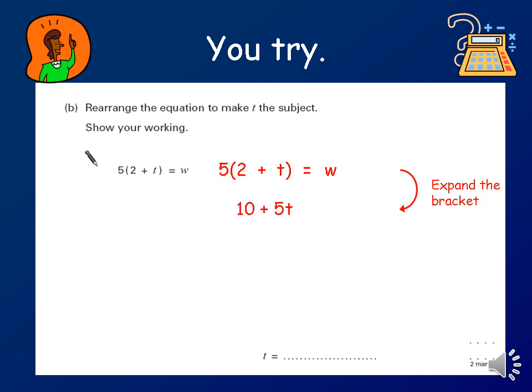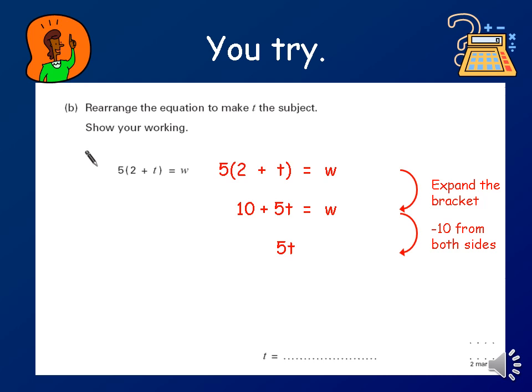So what we've done is multiplied the 5. That gets w on this side as it is. I did explain this earlier. What we're trying to do is get t on its own, remember. So at the present moment there's a 5 and a 10 to get rid of. So first get rid of the 10.